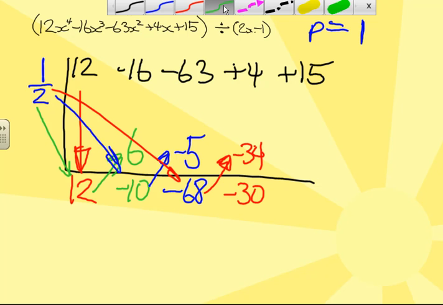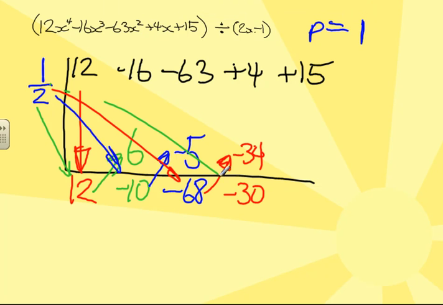The last one, I take this 1/2 times negative 30, so 1/2 of negative 30 is going to give me negative 15. Negative 15 and plus 15 is going to give me 0. Put a box around that last one. That means I have a remainder of 0.